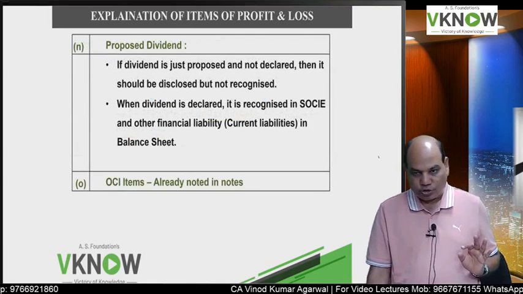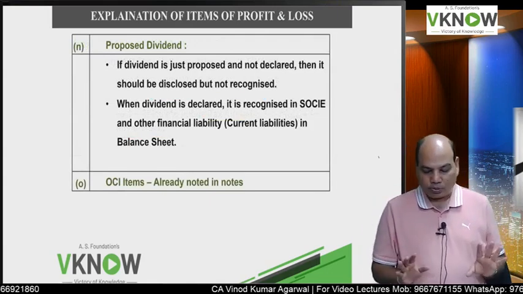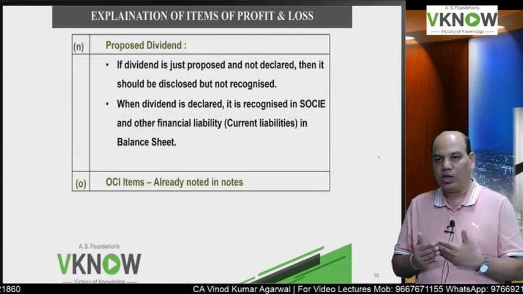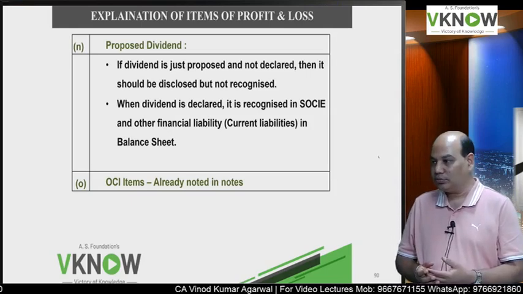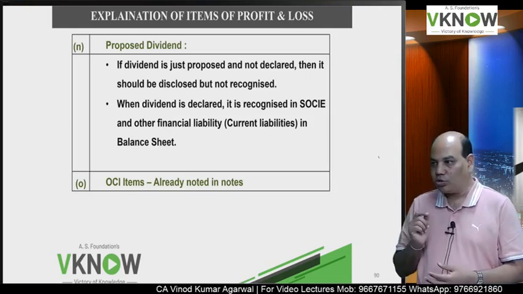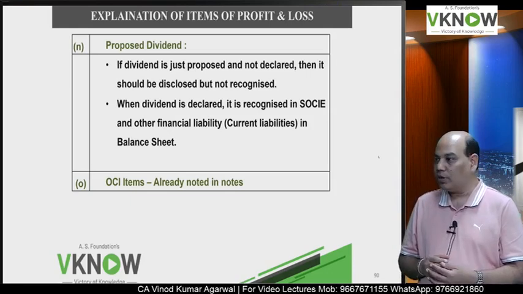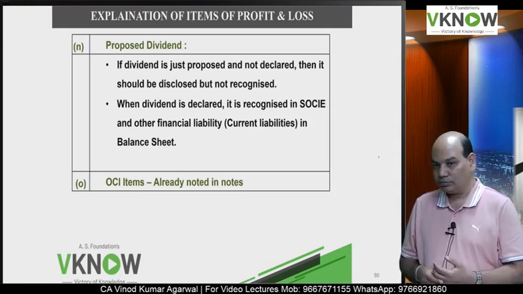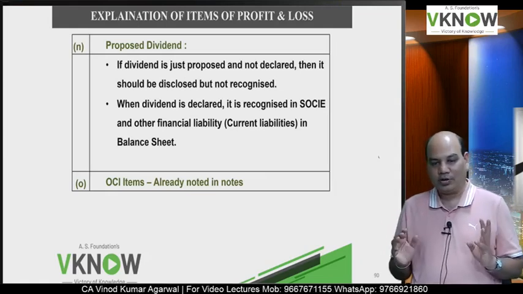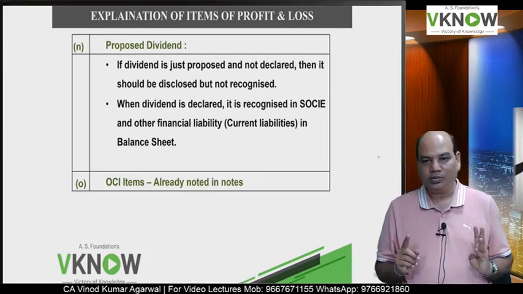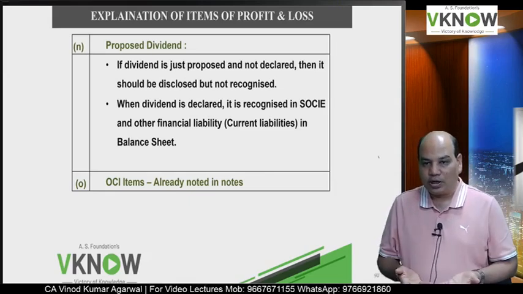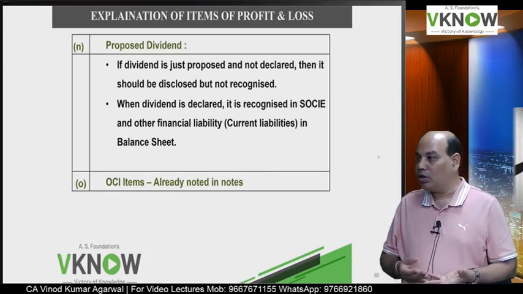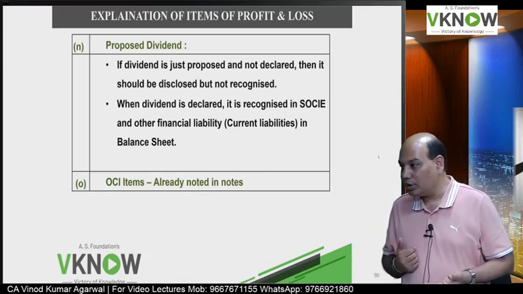What about proposed dividend? Already you know, proposed dividend will not be accounted, but it will be disclosed in the notes. But when dividend is properly declared: if it is an interim dividend, the directors will declare it, and then it becomes a liability of the company.